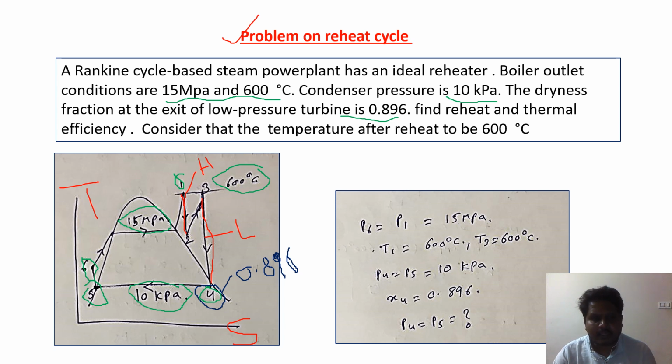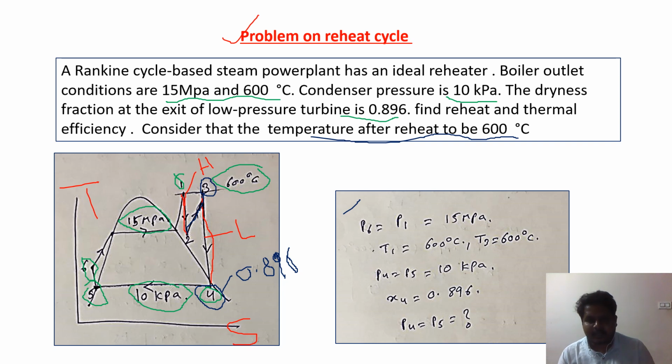Find reheat and thermal efficiency. Consider that the temperature after reheat is 600 degrees centigrade, which means in the process 2 to 3, after reheating, the temperature would be the same, 600 degrees centigrade. Here T1 equals T3.